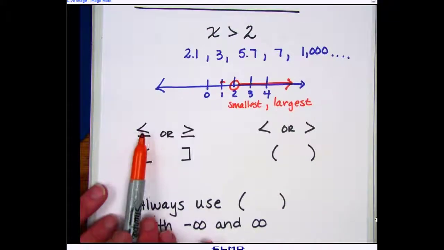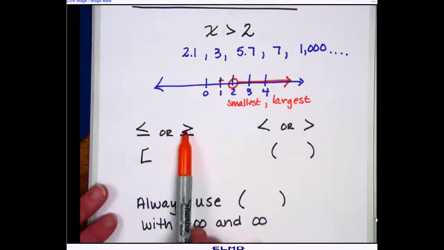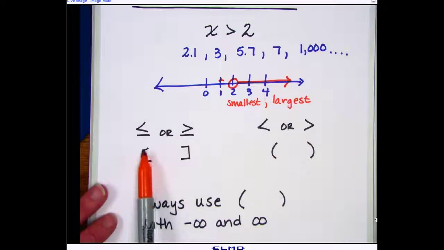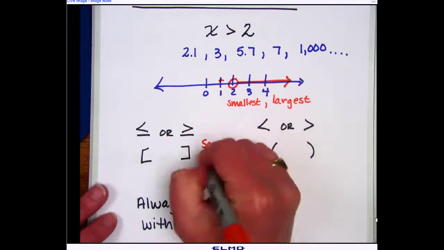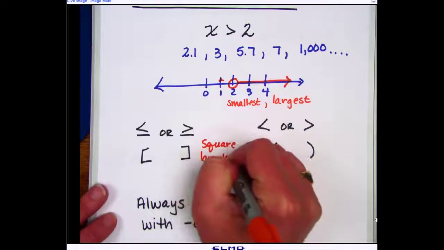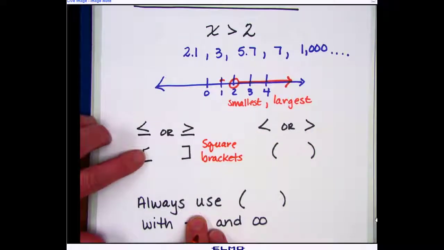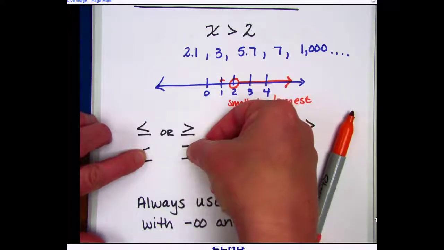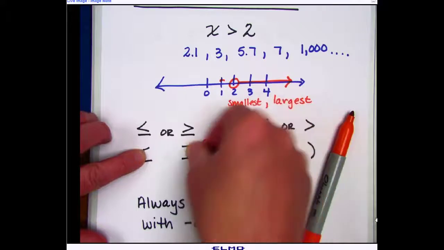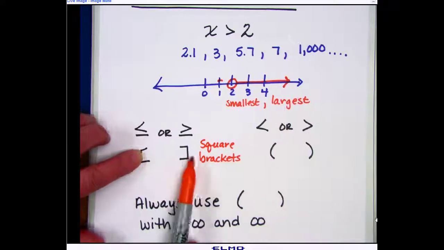If we have an equal sign attached to our inequality, we will use square brackets. So remember, equal sign, square brackets. One way I like to think of it is if I cover up the middle of my square bracket and I look at it abstractly, I have an equal sign right there. So equal sign, square brackets.